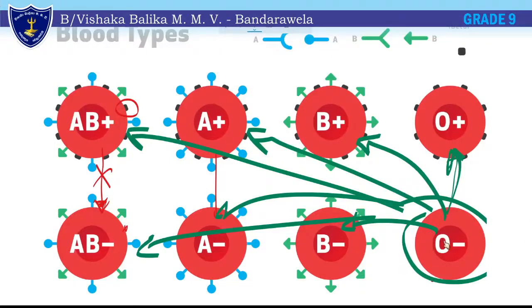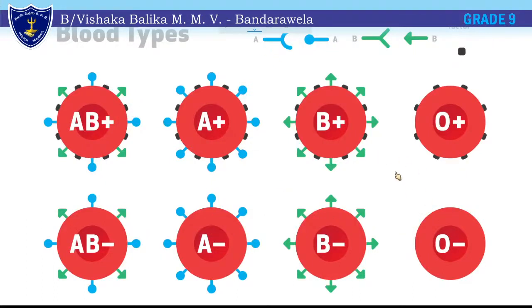Because O negative has no antigen. That means A antigen absent, B antigen absent, RH also absent, right? Then positive and negative come because of the RH factor. This is how we can divide the blood groups or the blood types.